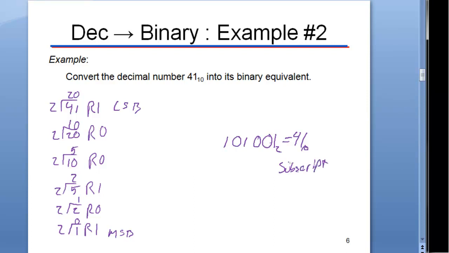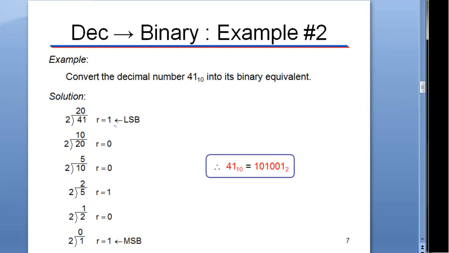If you don't have a subscript, then what you're essentially looking at is 101,001 equal to 41, and that is wrong. Here it is, nice and pretty. You can see the same thing going through, and then we get 41 is 101001.